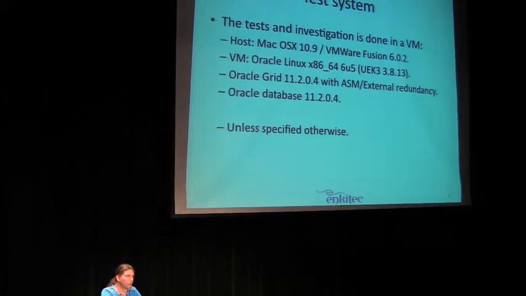I don't think the virtualization has any influence on what I've done for researching, but still it's a virtual machine running Oracle Linux with a recent kernel, a 3.8.13 kernel, and I've used 11.2.0.4 without any patches applied, and I've used ASM with external redundancy. And the database is also 11.2.0.4. There is a tiny bit of Oracle version 12.1.0.2 in it, but that's at the end.